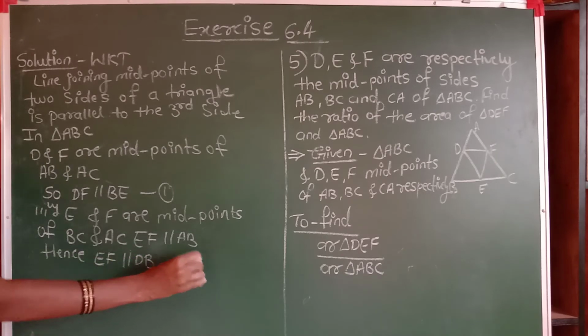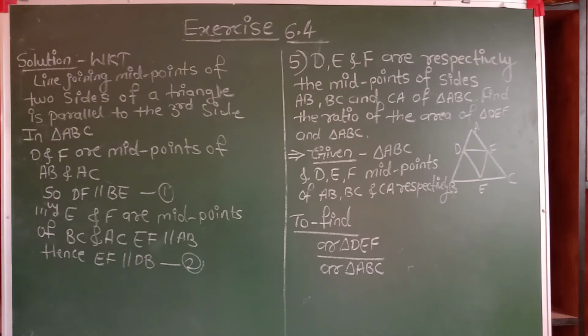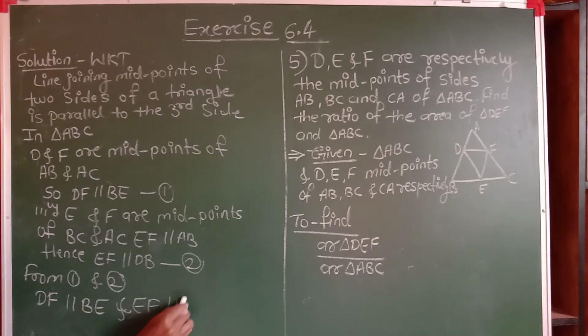This is second one. From this 1 and 2, DF is parallel to BE and this EF is parallel to DB.